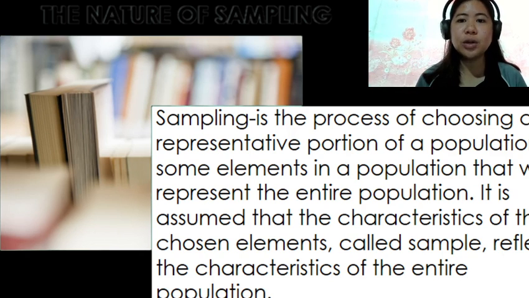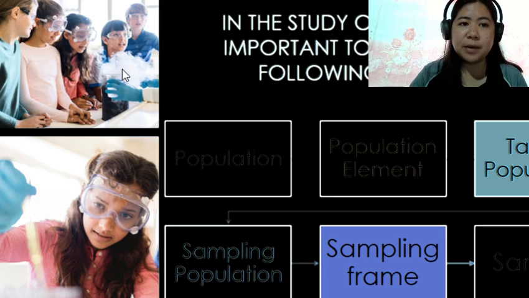Again, before you do your research, it's important that you select who will be your respondents. And how are we going to do that? We will have to undergo sampling. It is important that when we select samples, the individuals reflect the characteristics of the entire population.